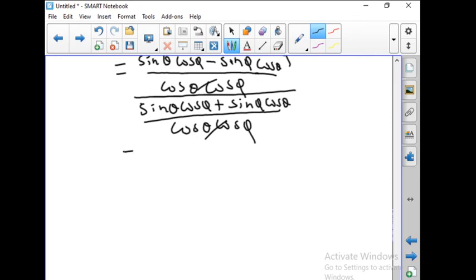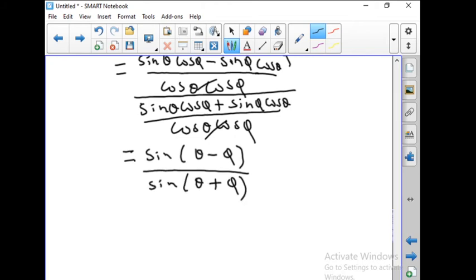So it is equal to, what form is it? Sin A cos B minus cos A sin B. So what is it actually? Sin theta minus phi by, here we have sin theta plus phi. Using the identity we get this. So this is equal to sin theta minus phi, and in the question it is given theta plus phi is equal to alpha.